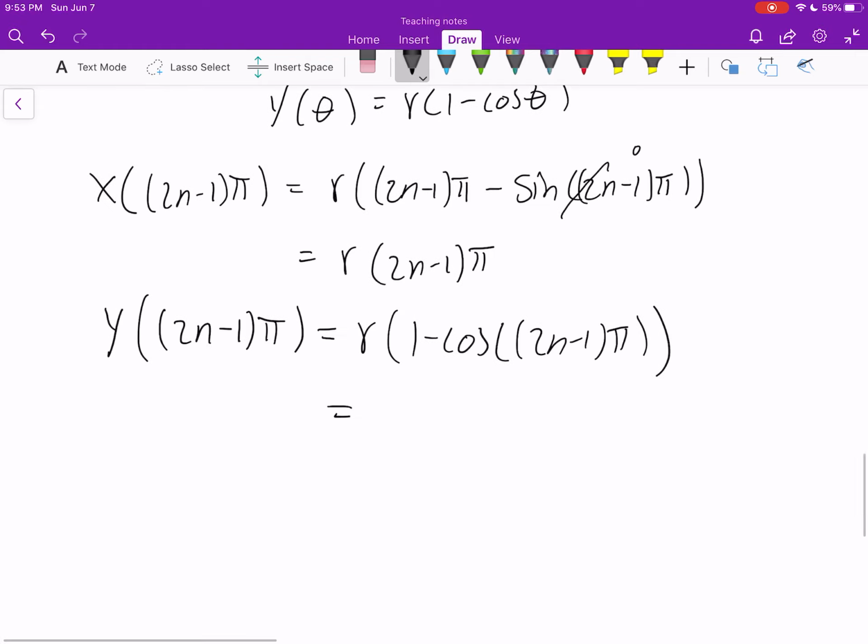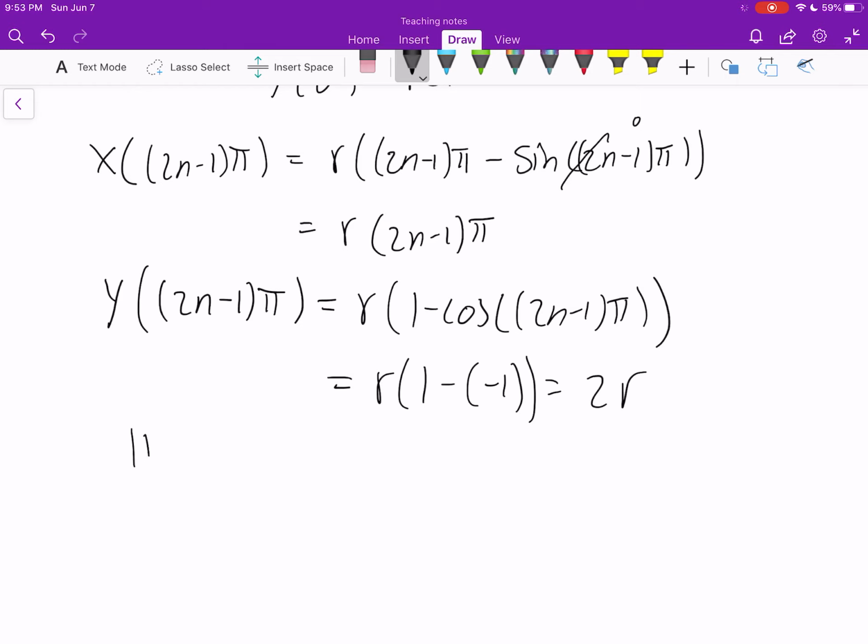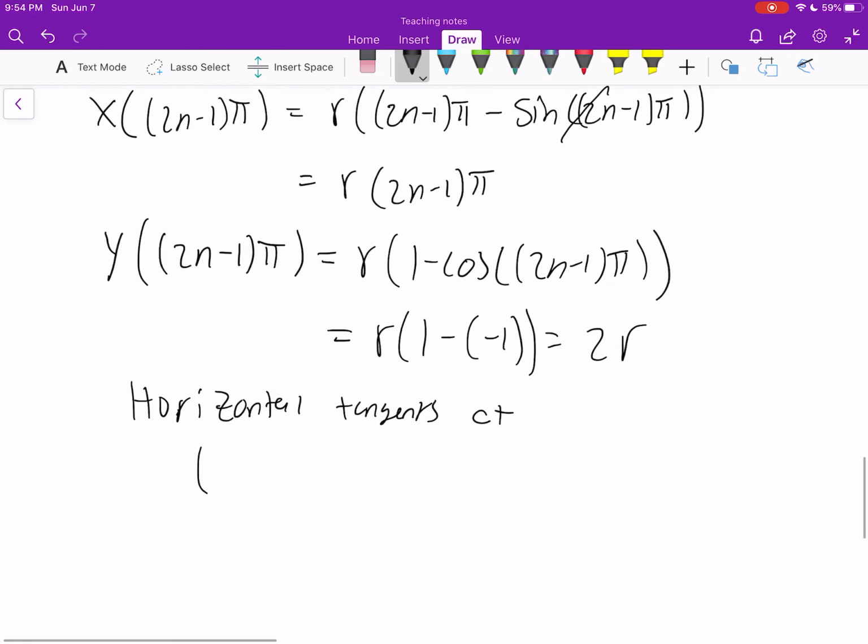Cosine of any of those is negative 1. So this is going to be r times 1 minus negative 1, which is 2r. So we have horizontal tangents at the point r times 2n minus 1 pi, comma 2r.